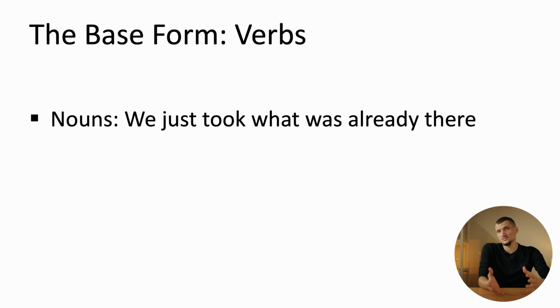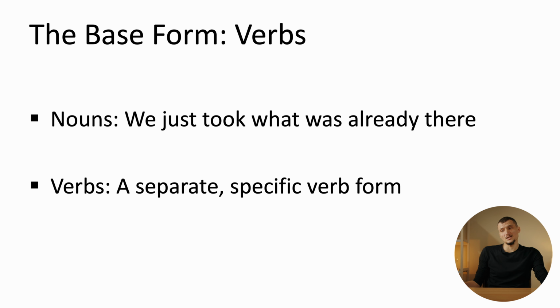So it would make sense for us with verbs to just take a number and a person and also agree on a base form. But it's not the way it works with verbs. With verbs, the base form is a separate and specific verb form specifically for that. The base form is basically a category of its own, kind of.